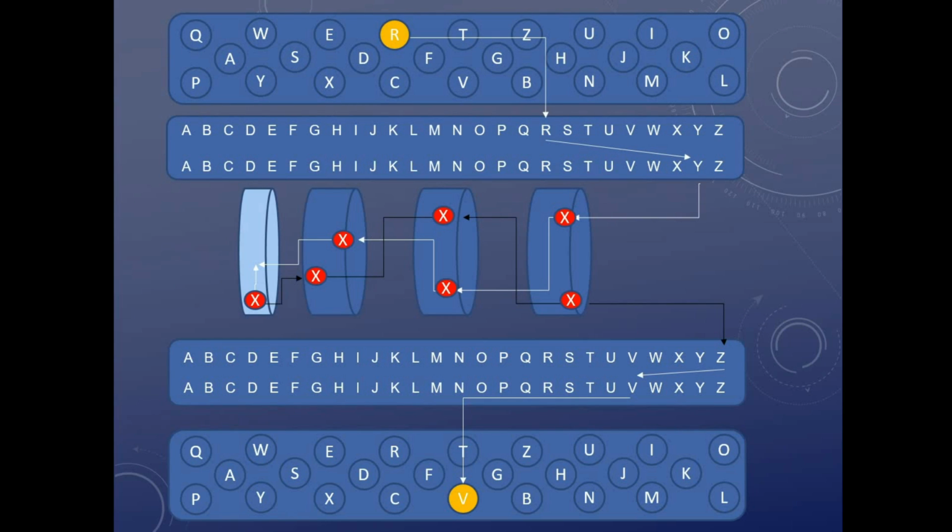So this is what it looked like. Up here at the top, the user hit the letter R on their keyboard, because their regular message started with an R. The first thing it did was look at the plug board, and it sees that they have a plug that connects R to Y. Substitution number 1: now R equals Y. Now it goes to rotor number 1.